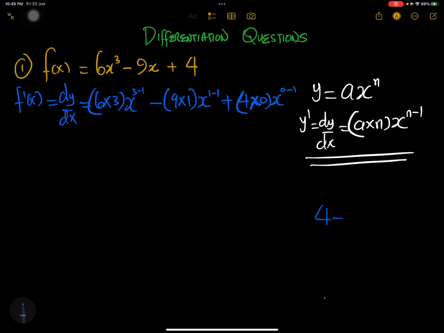Remember we said 4 can be written as 4 multiplied by x to the power 0. So to differentiate, we're going to get 4 times 0 multiplied by x to the power 0 minus 1. And this is 0. And it makes everything go to 0.